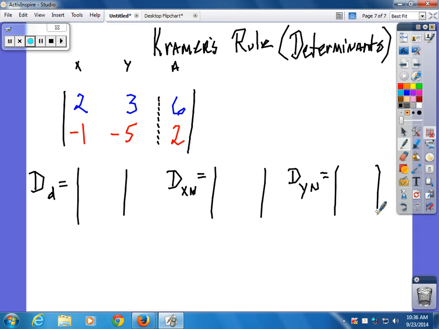We're going to make up 3 2x2 matrices. The first 2x2 matrix is going to consist of these 4 numbers right here. 2, 3, -1, -5.